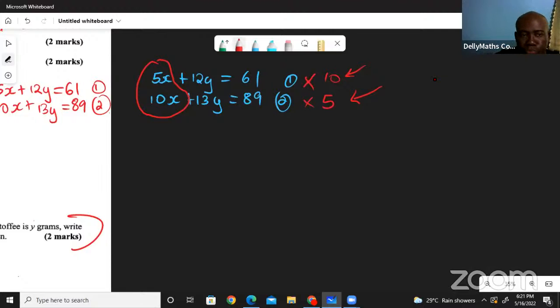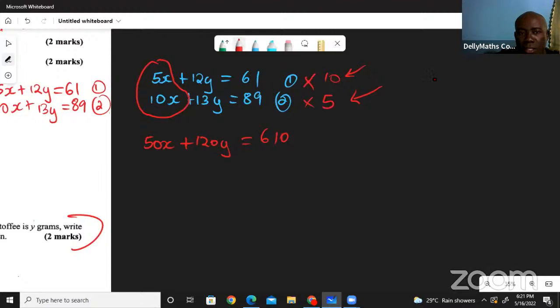So let's go. 10 times 5, that's 50x. 10 times 12, that's 120y, and 10 times 61, that's 610.